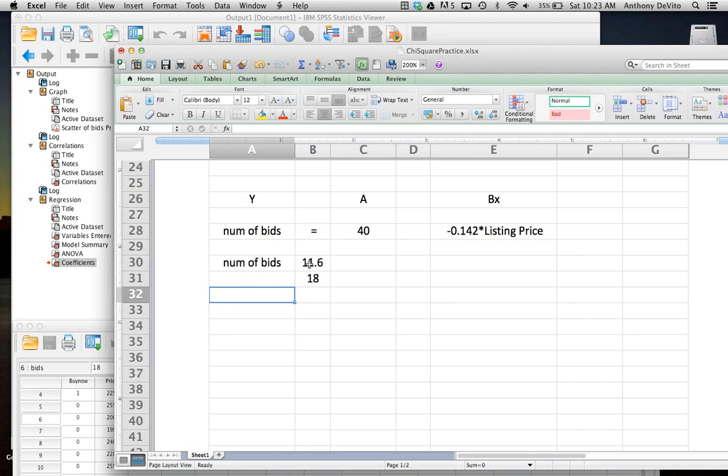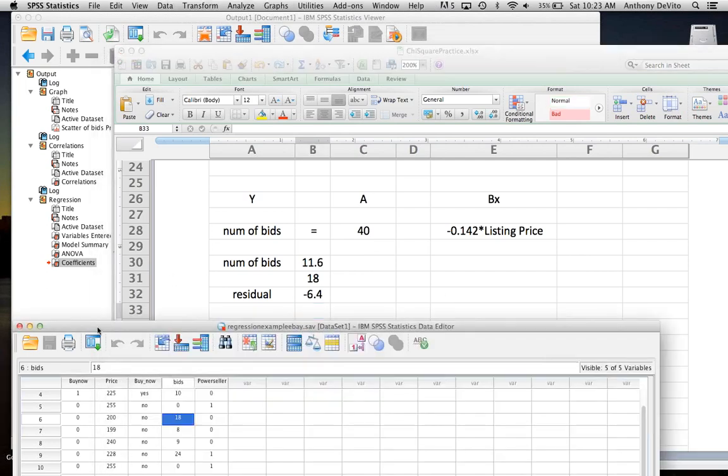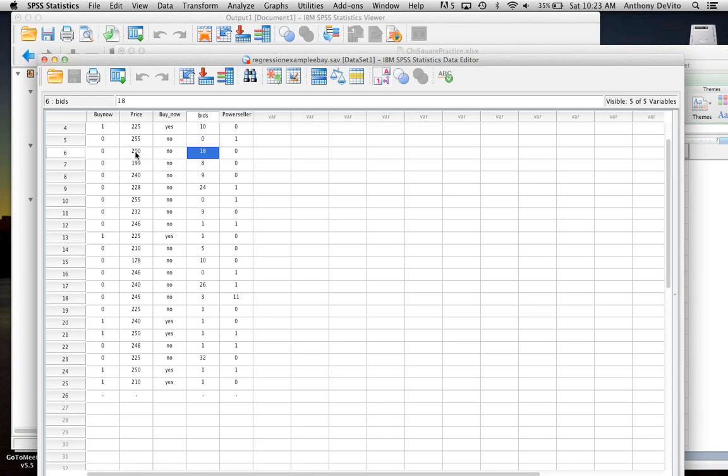Now, the difference between the predicted value of bids and the actual bids is going to be my residual value. It's going to be the difference between these two. I think normally you do the actual value minus the predicted value, but the difference is 6.4 bids.